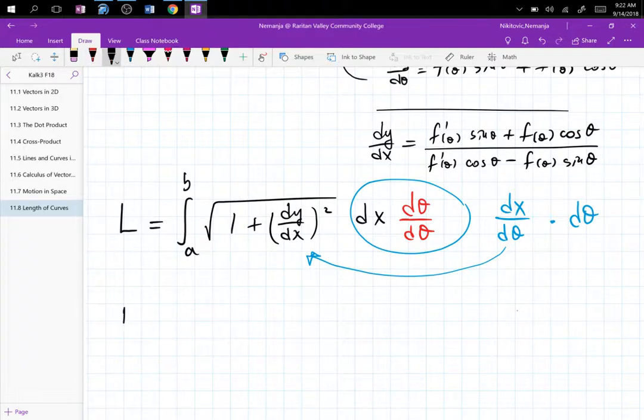Now we are going to switch a and b into alpha and beta because these become angles now because you have d theta at the end. It's going to stay a and b if you have dx or dt, but if you have d theta, they change to alpha and beta inputs because those are angles.